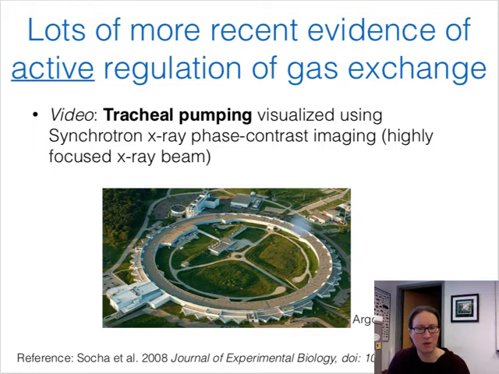Basically the beam gets focused around this circular chamber, and that focused beam allowed us to develop really high contrast, focused imaging of very tiny living insects. So when people stuck insects into this X-ray beam, they wound up finding that no, trachea are not just static tubes, they do actually change in shape over the course of a breathing cycle.